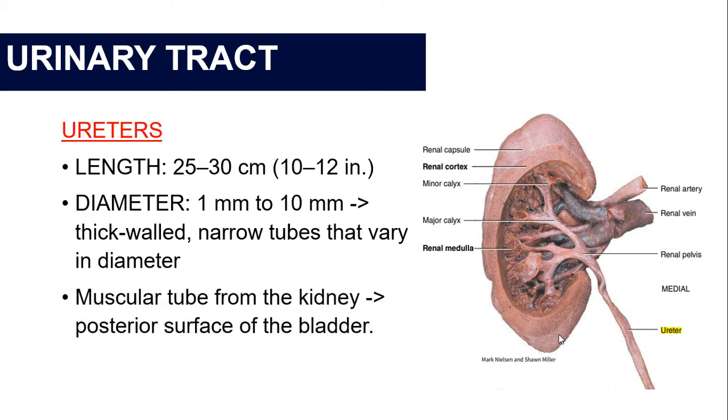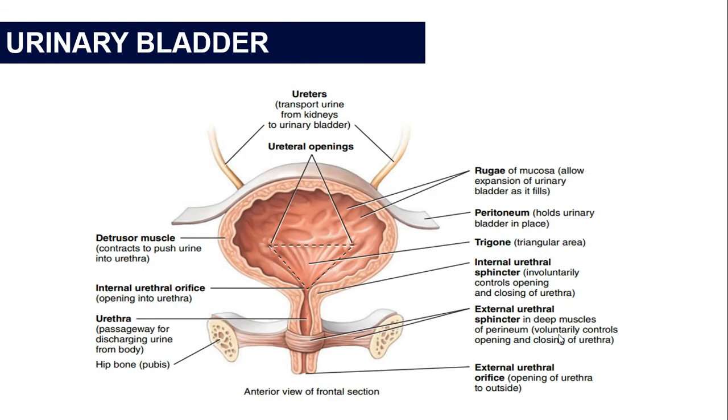It is considered a muscular tube from the kidney, and it is retroperitoneal. At the base of the urinary bladder, the ureters curve medially and pass obliquely through the wall of the posterior aspect of the urinary bladder. Take note that it is located at the posterior surface of the bladder.